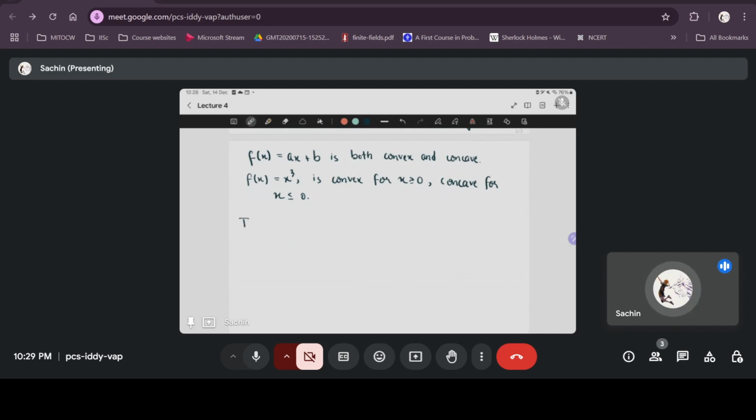So a way to find out whether a function is convex is from calculus.